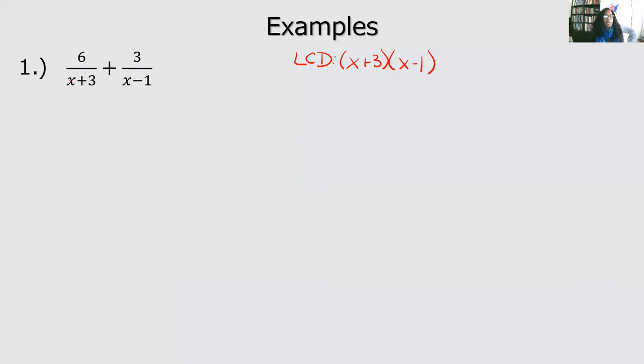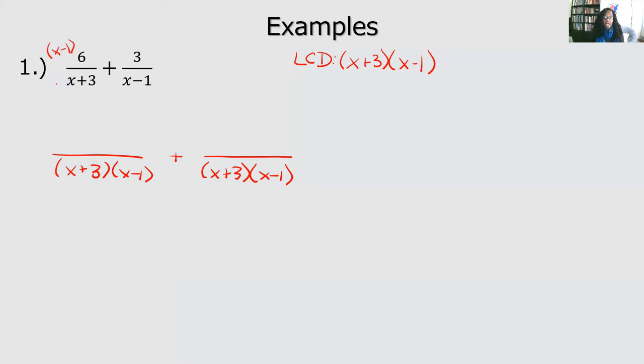But in order for me to have this denominator, which is x plus 3 times x minus 1, and the same thing over here, I need to multiply this side by x minus 1.